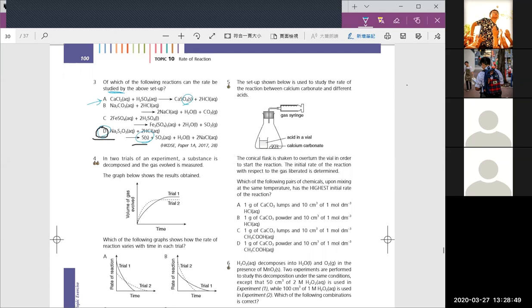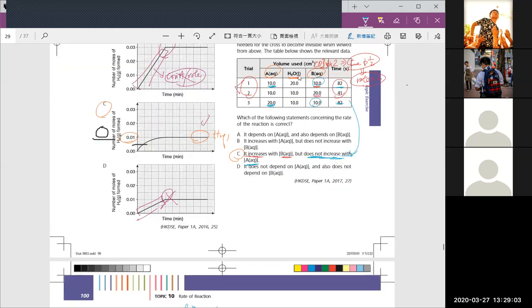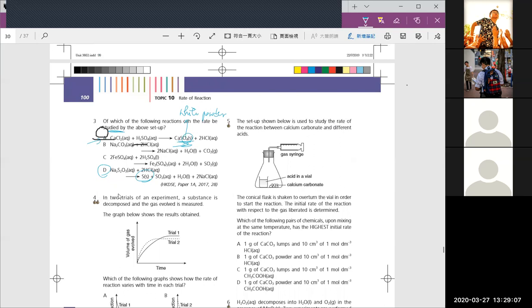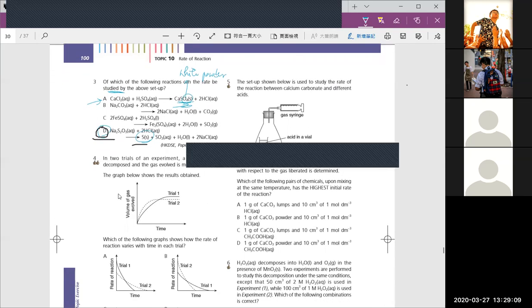Is it in the form of a white powder? Okay, not colorless. It is in the form of a white powder, a white precipitate. So the question comes: we have A and D, which will have solid. That solid will mask the cross, right? But why will you choose D but not A? Why are both not correct?